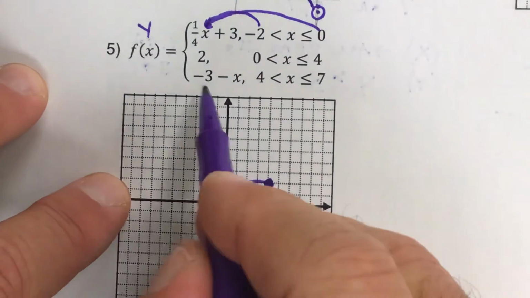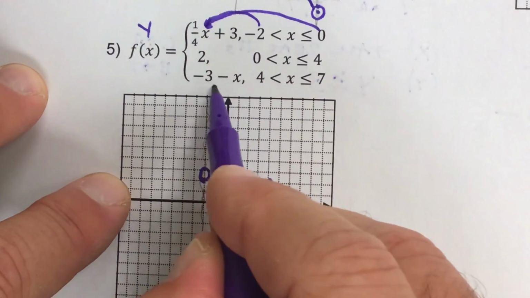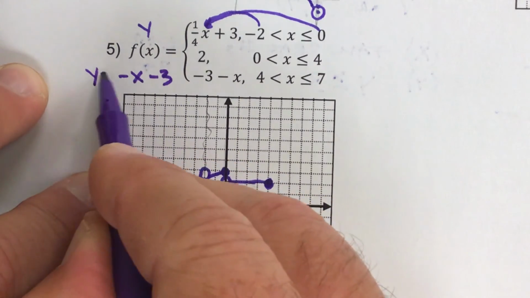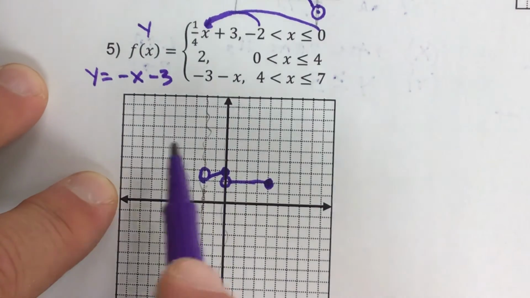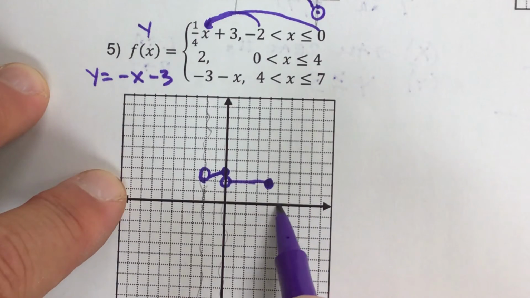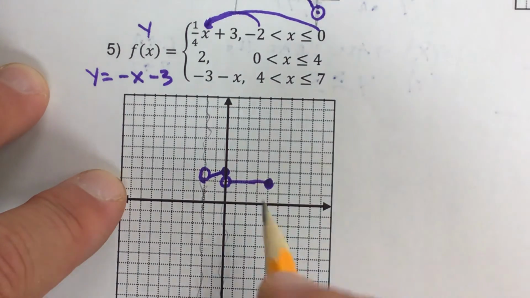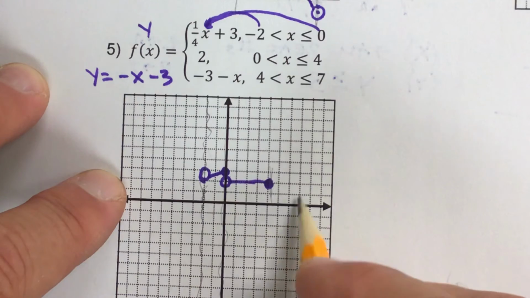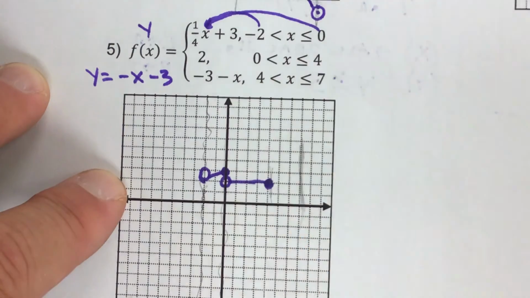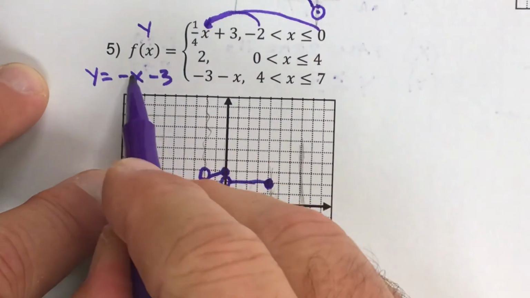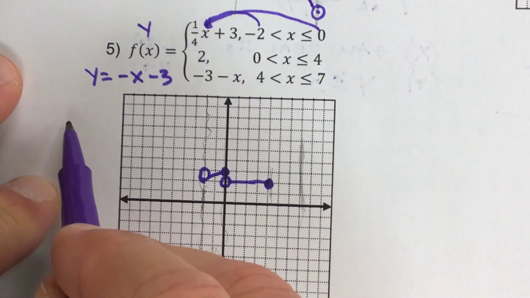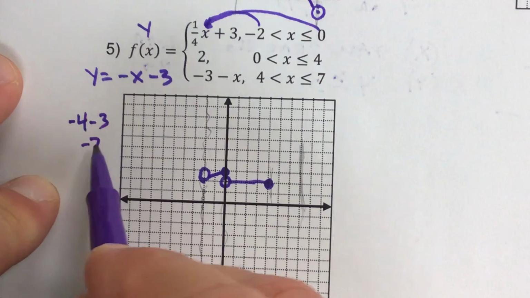All right, there we go. And then the last one, even though this isn't in y equals mx plus b form, we should probably switch that around. Y is equal to negative x minus 3. But this time I want it from 4 to 7. 5, 6, 7. So I want it from here to here, and I'm going to stop it here, wherever it is. We can substitute these in here. If I put a 4 in here, that's negative 4 minus 3, which is negative 7.